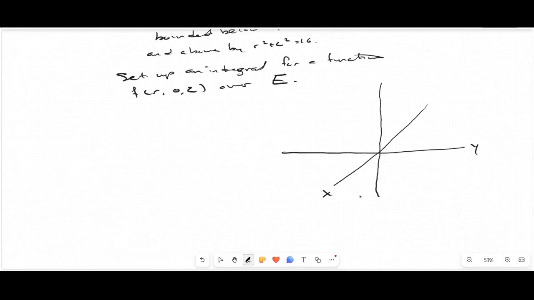I'll just put theta equals 0 over here. So this is like theta equals pi over 2. Okay, r equals 2 sine theta. The largest that gets to be is 2. So there's 2 right there.